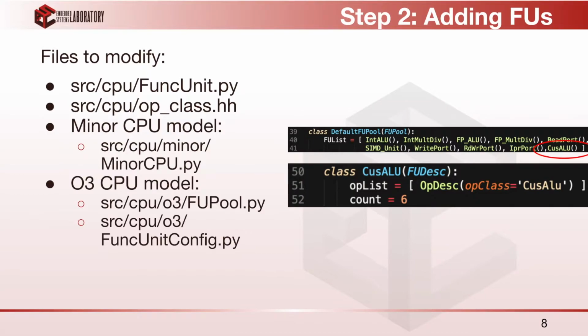Just like before, you can set your op latency in the FU class definition here, but instead of having a separate variable for it, you use an argument in the opdesc instantiation. The count variable here is the actual number of functional units dedicated to the custom ALU in your O3 core model.